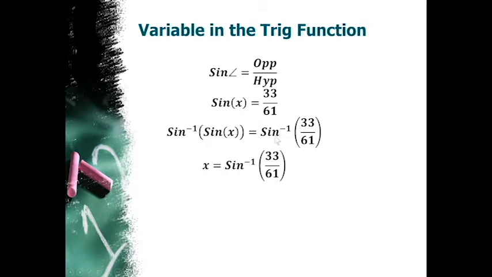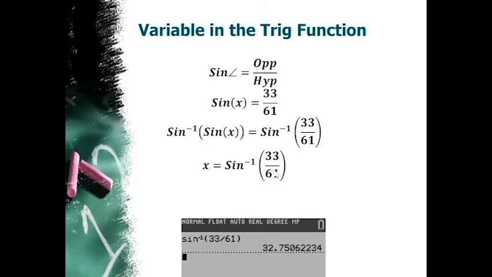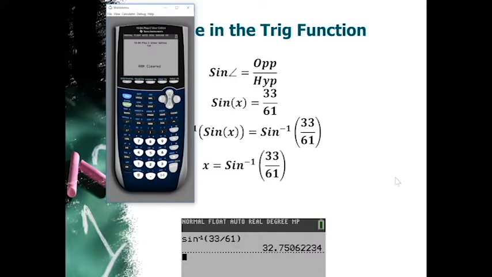Over here on the right hand side, you have the inverse sine of this entire side, which is 33 over 61. And this is where the parentheses are important when you type that into your calculator. So we're going to go inverse sine of 33 over 61. The inverse sine is located on the calculator directly above the sine key.